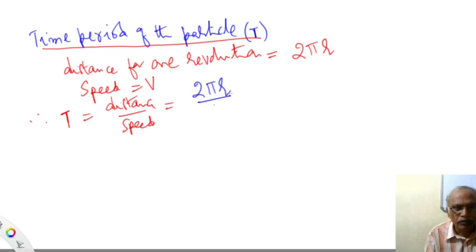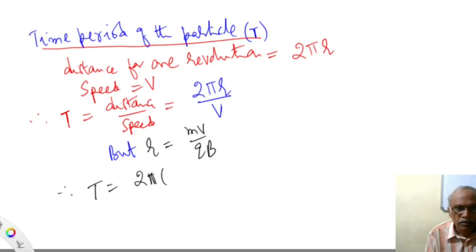Just now we derived what r is: r is equal to mv by qb. Now put mv by qb in place of r. Therefore time period T is equal to 2 pi times mv by qb, whole divided by v.